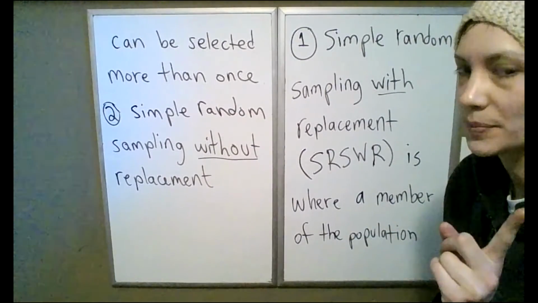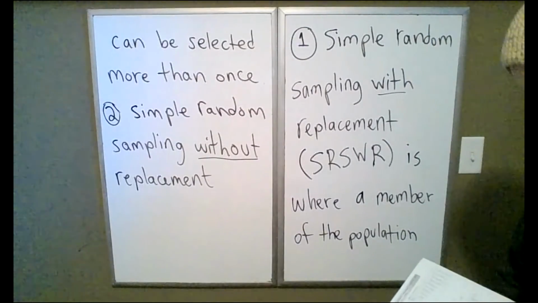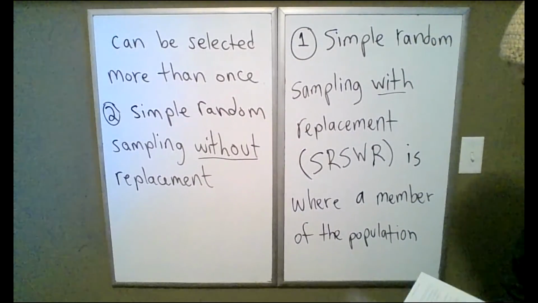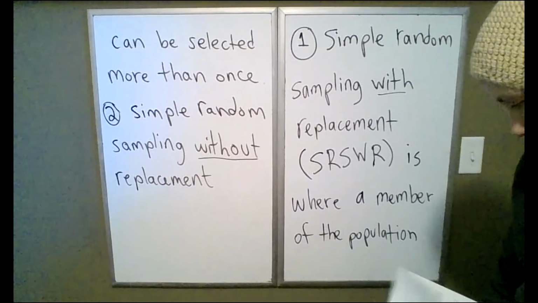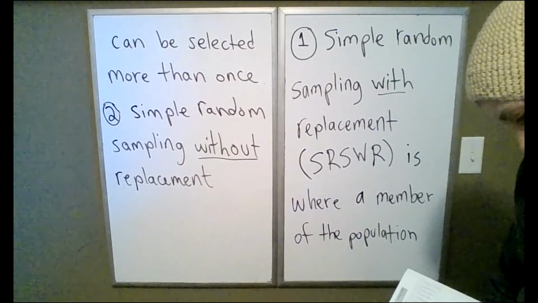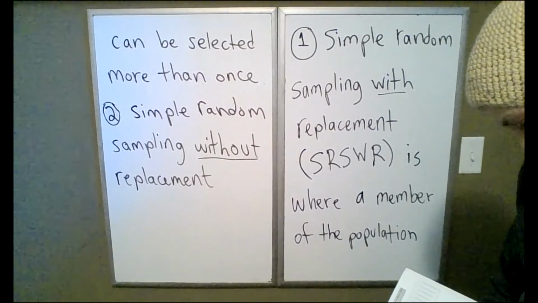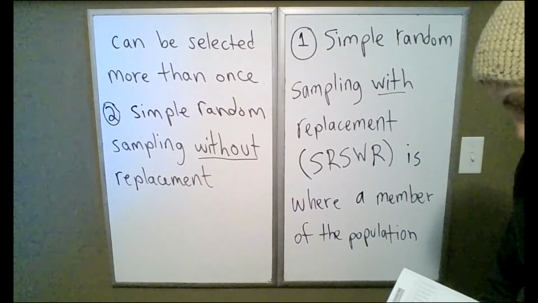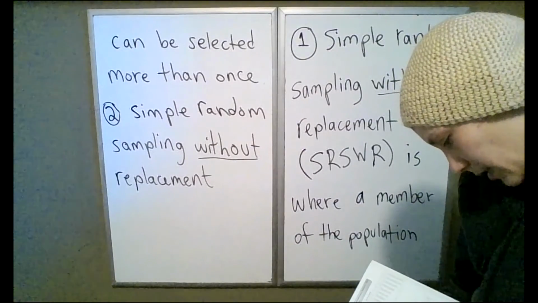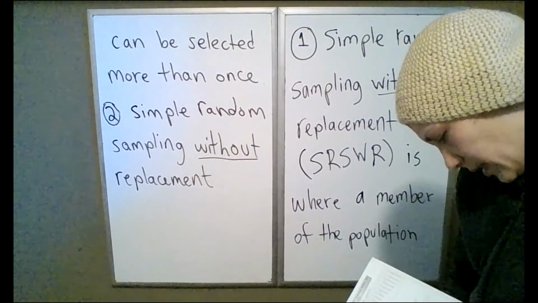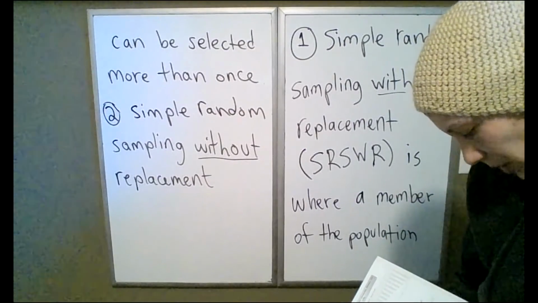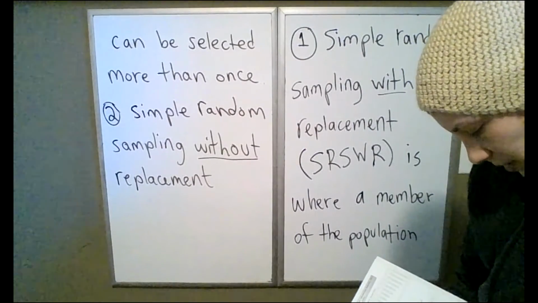We're going to do examples too. Okay. Here's the first of you. The other one. This one's acronym is SRSWOR, simple random sampling without replacement. Two types, and member of the population.